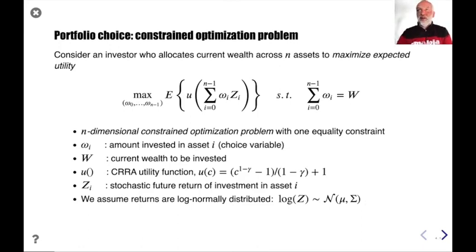Now z is an n-dimensional vector, and this is an n by n matrix, so it's a multivariate normal distribution. If you want to begin with a simpler example, think of only one asset, and then this is the variance and this is the mean for that particular asset. But generally we want to work with multivariate distributions, otherwise it's harder to think about how to allocate resources across different assets.